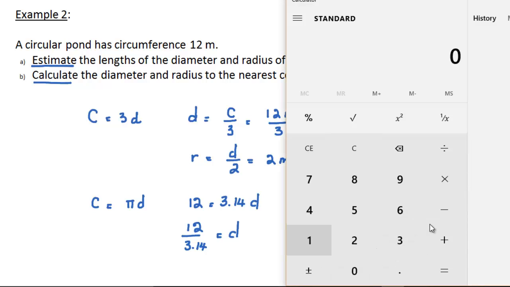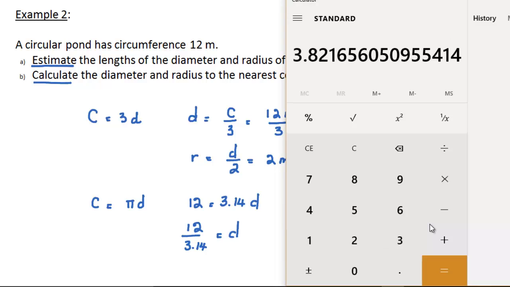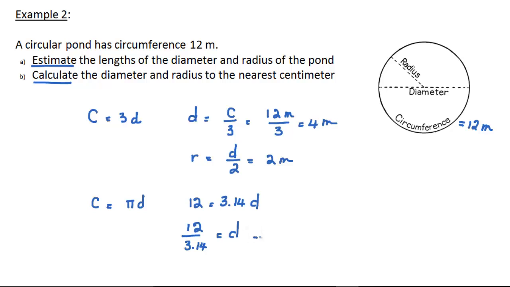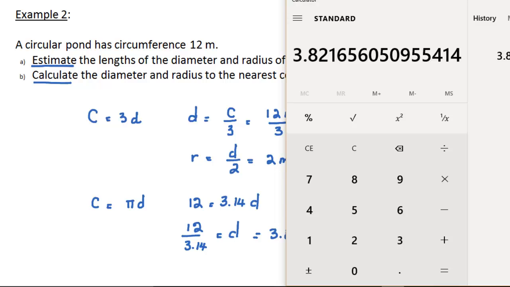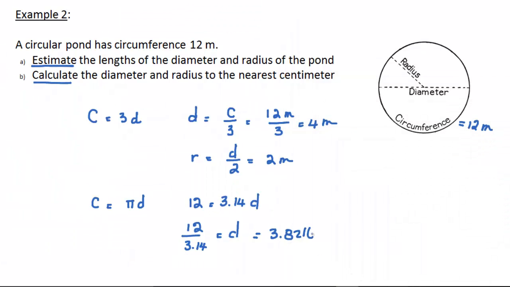So again, 12 divided by 3.14, the answer is 3.8216 meters. And now they are saying to the nearest centimeter.